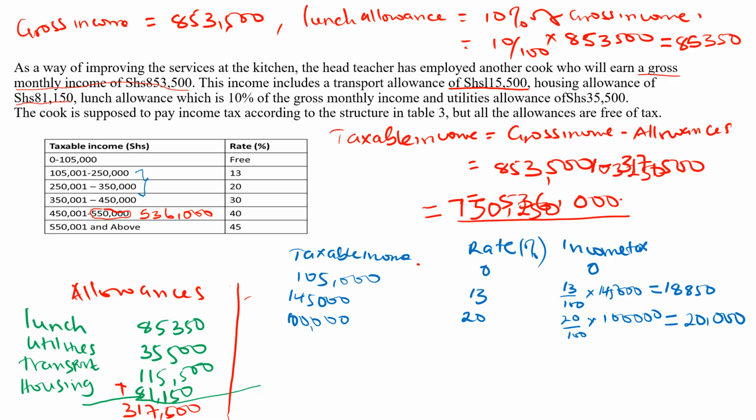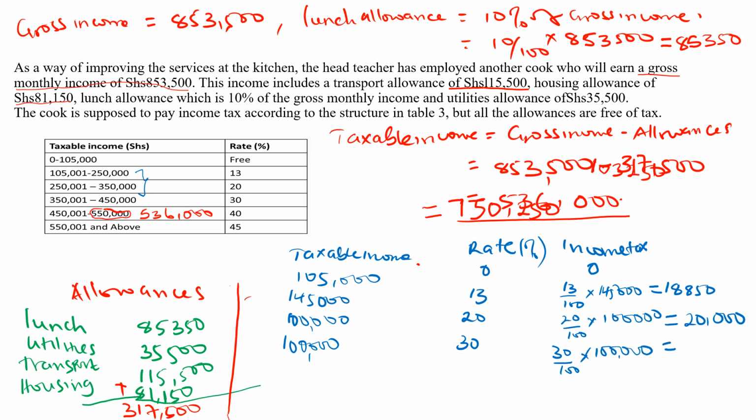Then also you'll proceed and ask yourself again, from 350 to 450, how much is that? Still, it is 100,000. Because 450 minus 350, we get 100, and the rate is 30. So here you say that 30 out of 100, then times still 100,000.